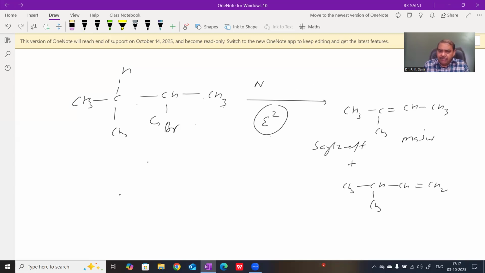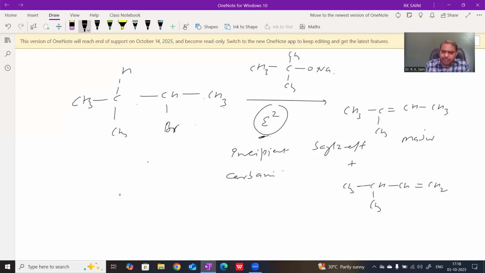But when we take a bulky base like sodium tertiary butoxide, then in the E2 mechanism, incipient carbanion character develops in the transition state, and we know that a primary carbanion is more stable than a tertiary carbanion. Therefore, the major product is the Hofmann alkene in this case.